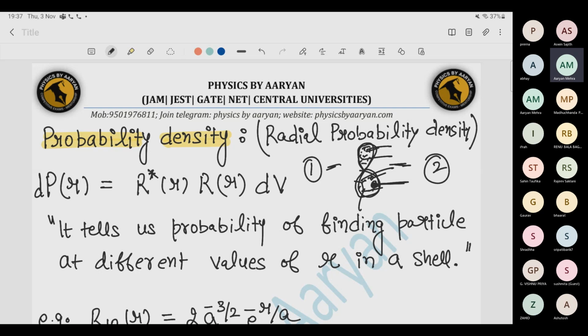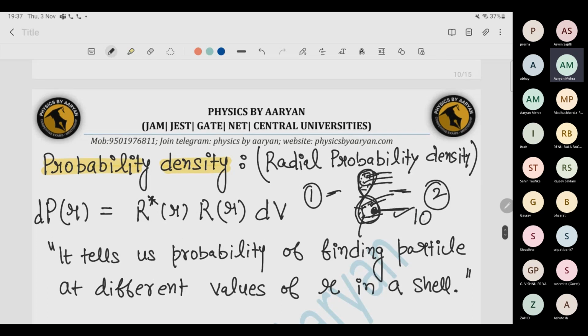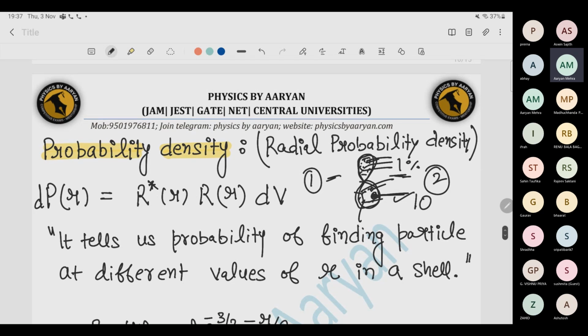So when we measure the electron, we will find it at one place. But how does probability come into the picture? Next time you find the electron, it's not sure that you will find it here again; you may find it somewhere else. If the probability of finding the electron here is 10% and here is 1%, and you do 100 experiments, 10 times you will find it here and 1 time here. It works like simple probability theory.